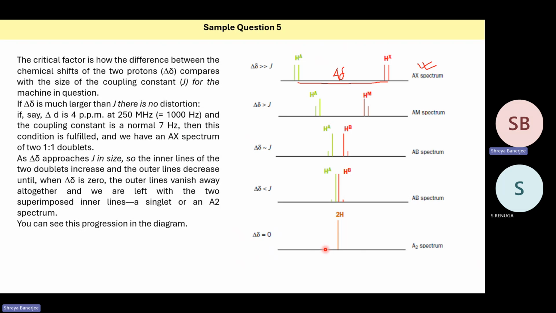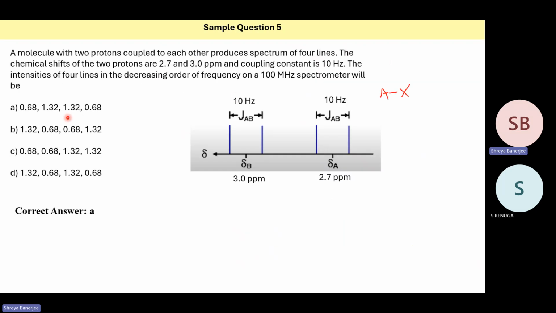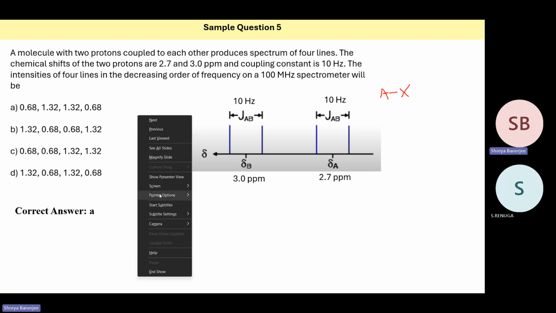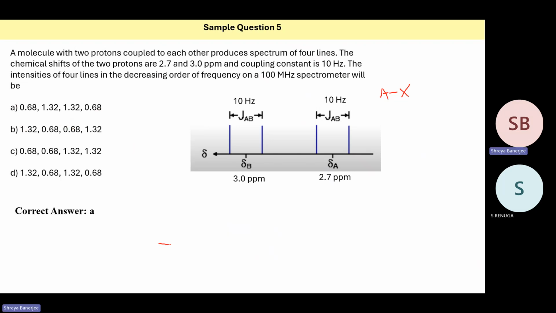So this is a phenomenon that happens, that whenever the delta delta and J are coming close to each other, the inner line of the doublet will increase in intensity and the outer line of the doublet will decrease in intensity. Now that you know of this phenomenon, we have to imagine a spectra like this.